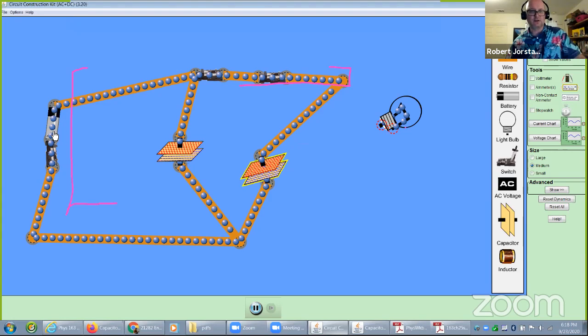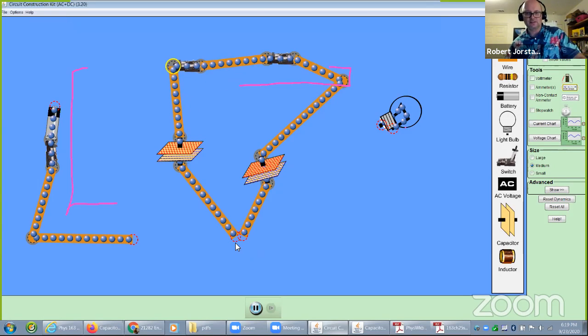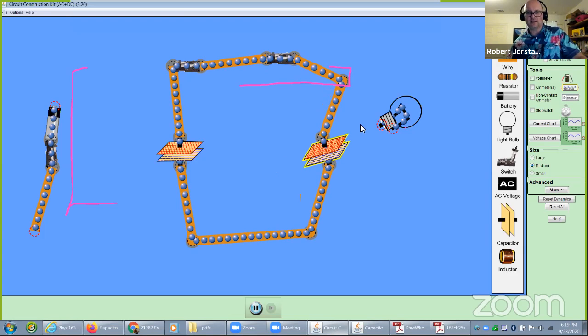All right, and so the idea is, let's say we have these two capacitors. I'm going to keep one of these switches. Oh, let's just keep both of them. It'll be faster. So let's say I take this capacitor here, and they've both been charged by a battery, right? And so now what do I want to do? I want to take these and maybe I'm going to disconnect it.